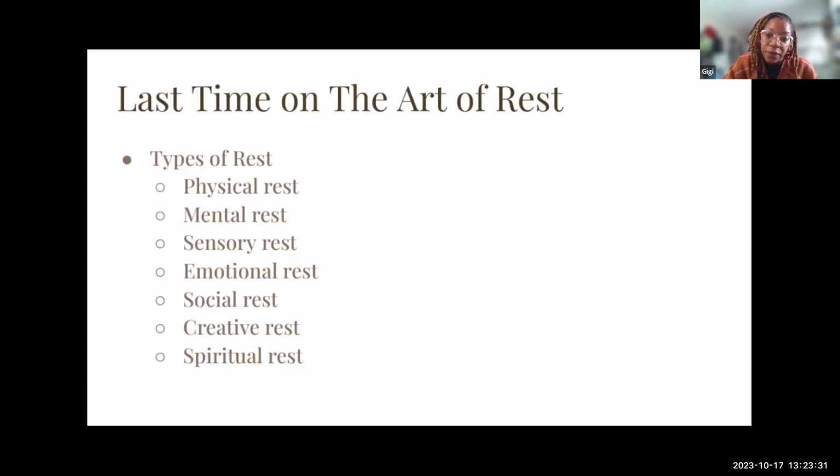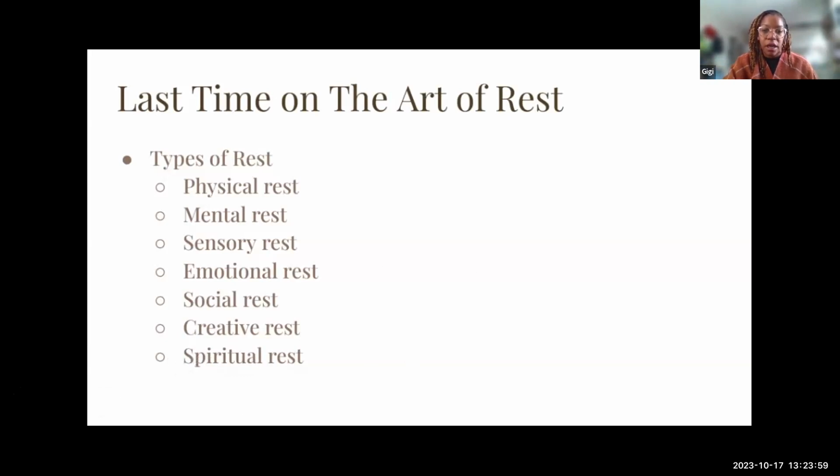And then creative rest, where you're allowing yourself to create without really having any intention or desired goal. It's creating for the process, not for the outcome. And then spiritual rest. So things like meditation, prayer, things that help your spirit to find more ease.